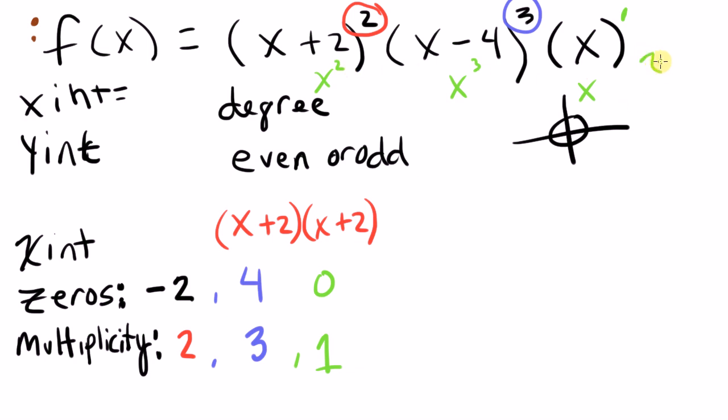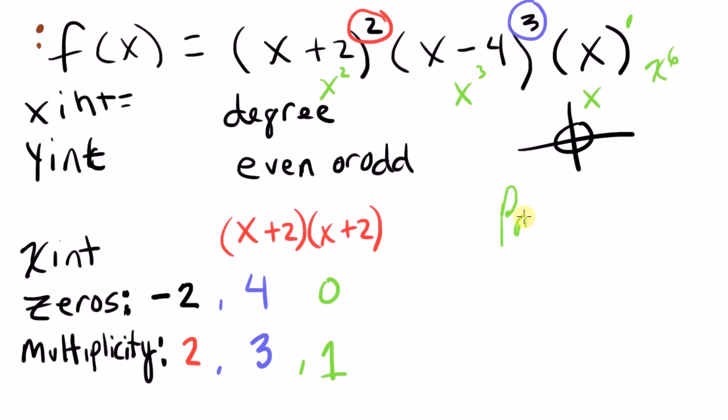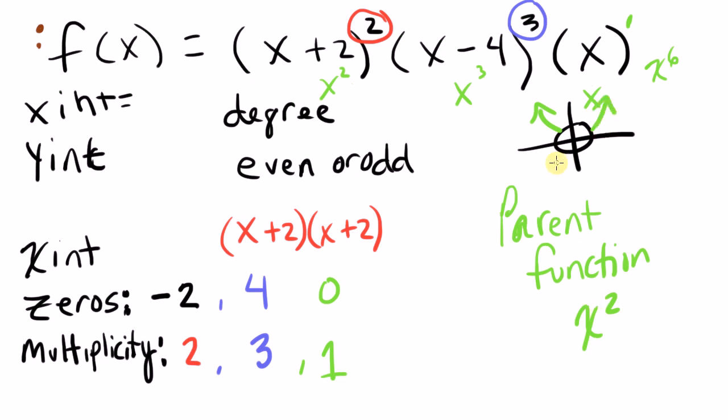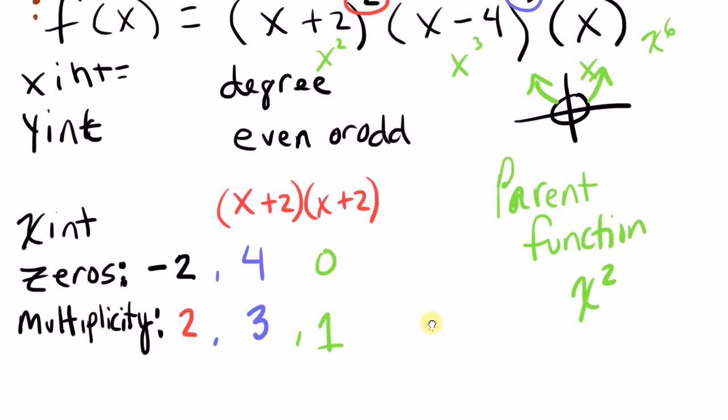So the parent function is x squared. So it's going to be parabolic. So it's going to take on this shape. Okay? I want to introduce something else here.